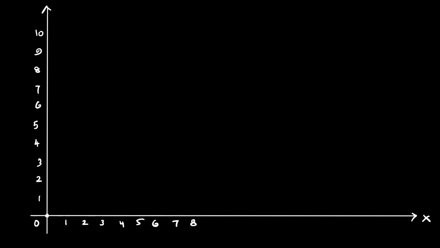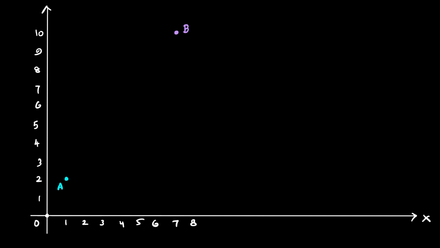Now the first point is A, which is 1, 2. So this is the point A, 1, 2. And then the other point is B, which is 7, 10. So this is 7 and this is 10 over here.